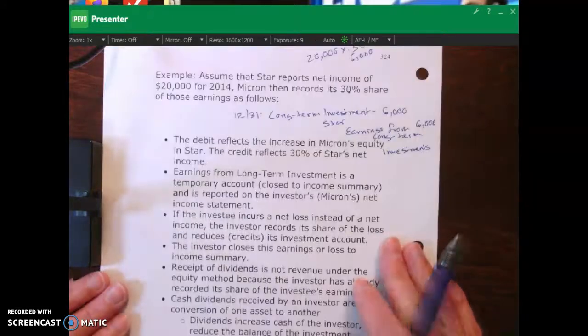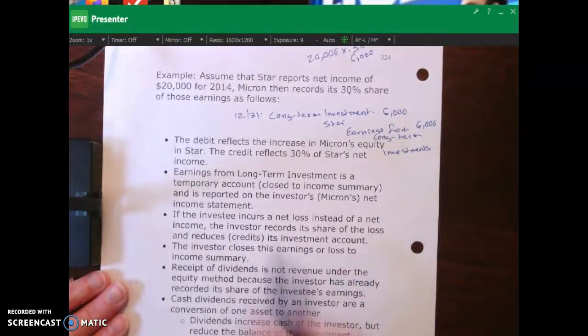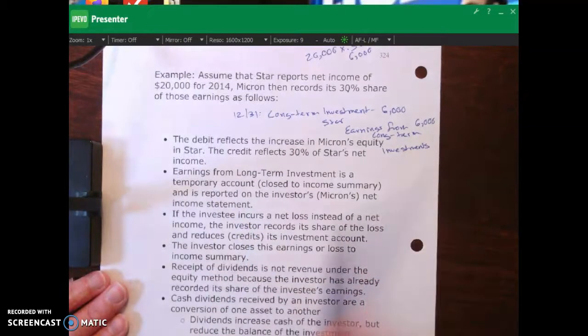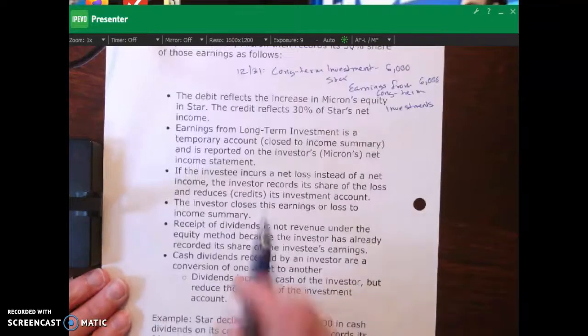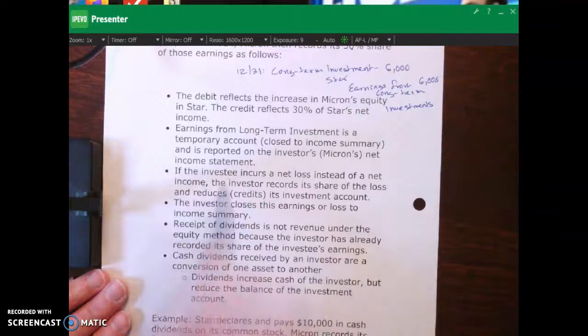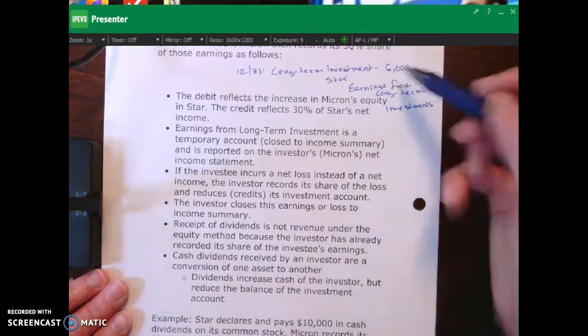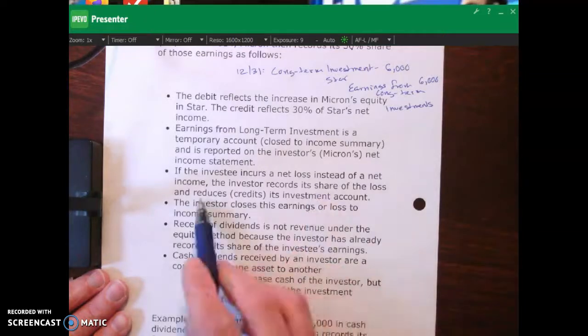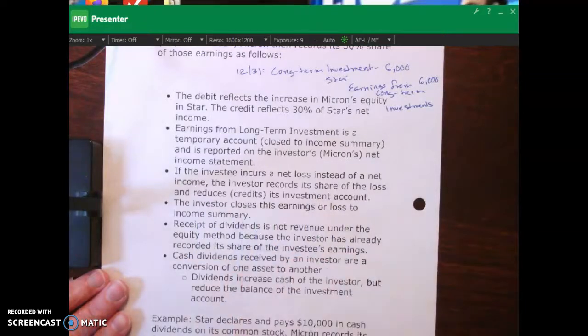Now this earnings from long-term investment, that's a temporary account, which is going to be closed out to income summary, and it would be reported on Micron's income statement. On the other hand, if Star incurs a net loss instead of net income, the investor records its share of the loss and then credits the investment account.